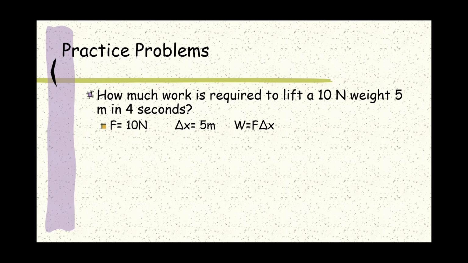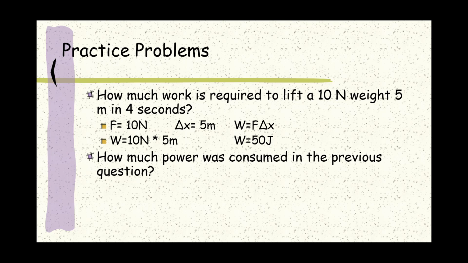So work is force times displacement. 10 times 5 is 50 joules. If I want to know the amount of power that was used, well, now we take that amount of work, we take the amount of time it took to do that work, plug it into the power equation, work divided by time, and you get something like 12.5 watts of power.